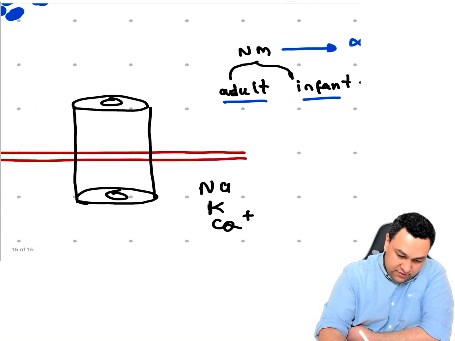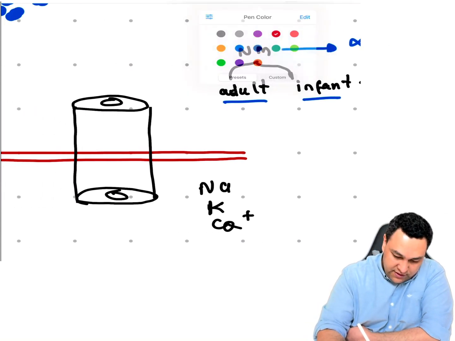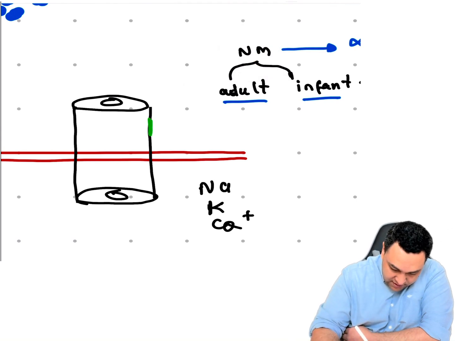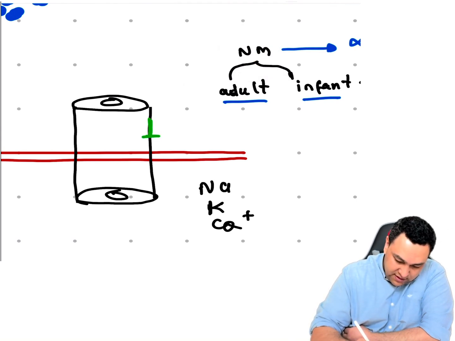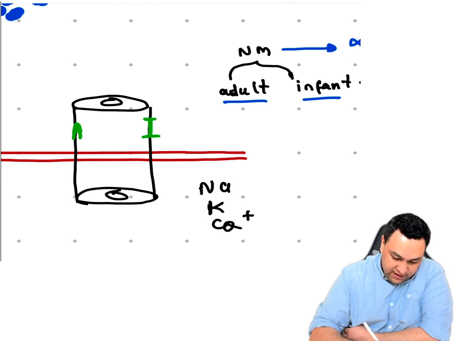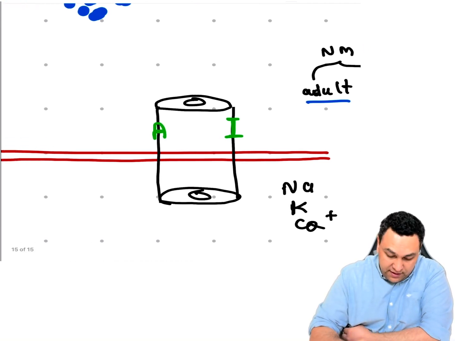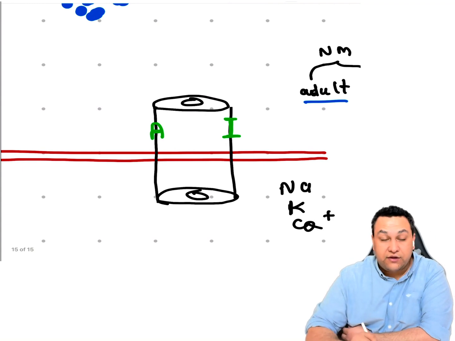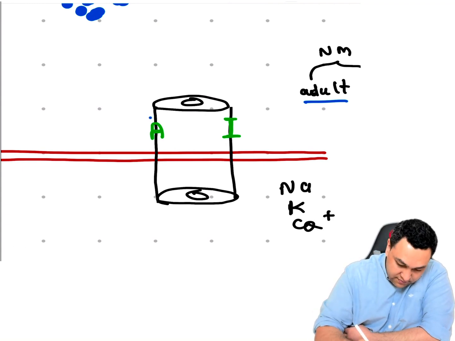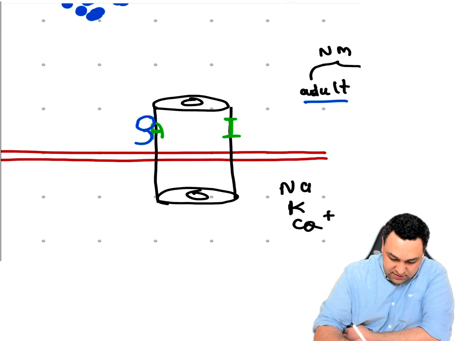Now, let me try to draw these receptors. Here is our infant nicotinic receptor, and on this side we have the adult nicotinic receptor, which is the muscular type. The adult nicotinic receptor is made up of an alpha subunit, a beta subunit, and a delta subunit.